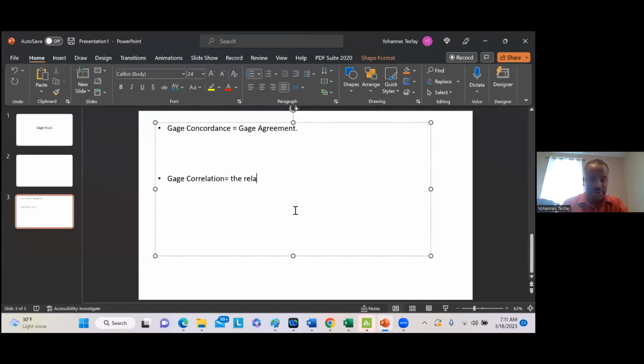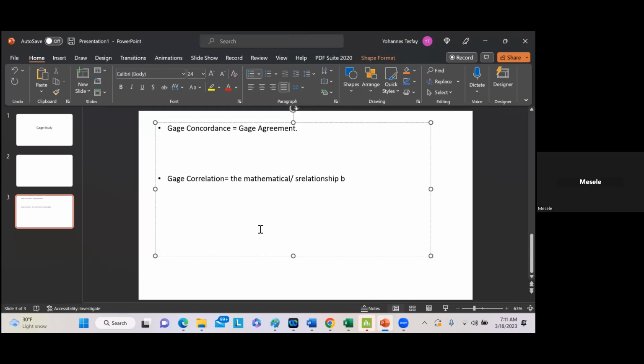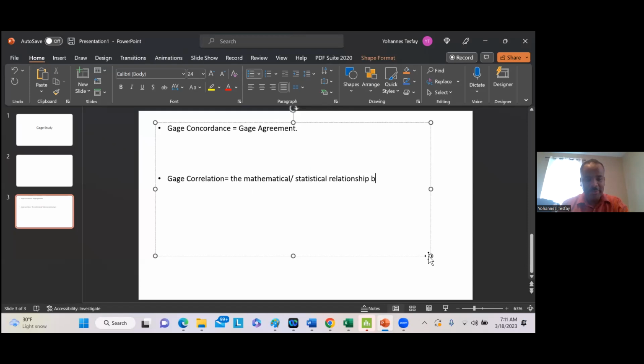Okay. The relationship between the mathematical, or we can call it statistical, relationship between two or more, just two gauges.